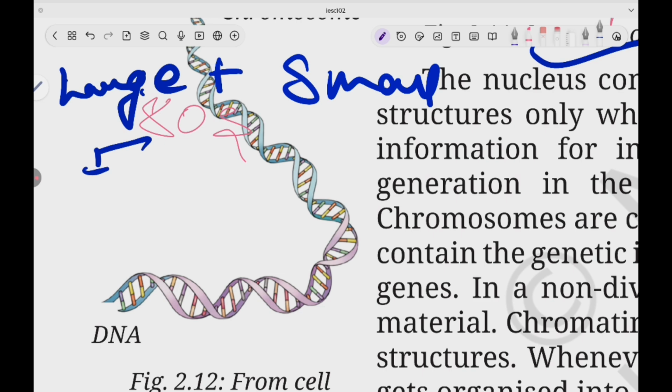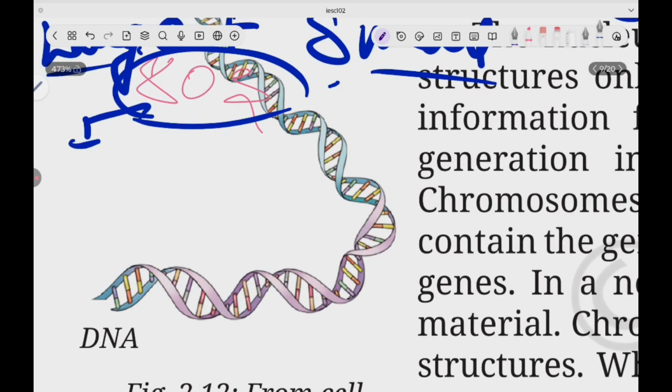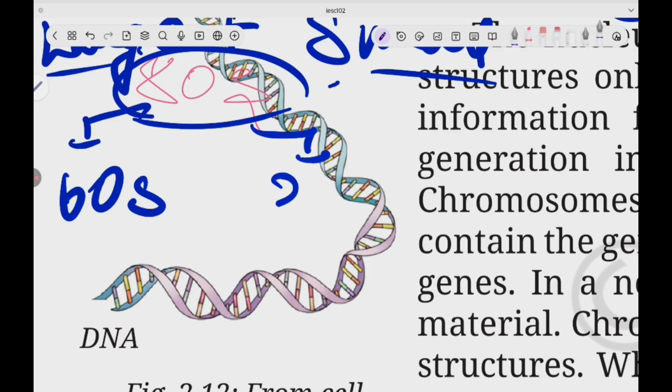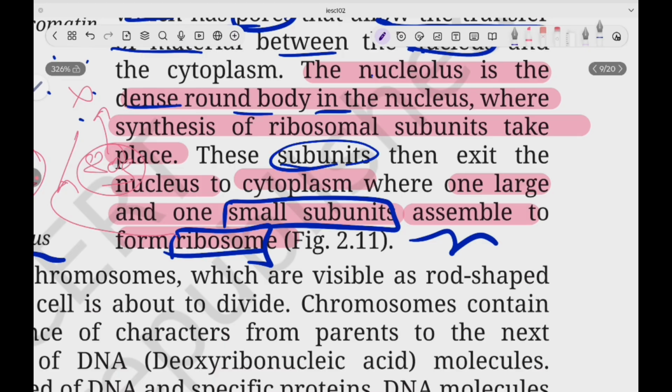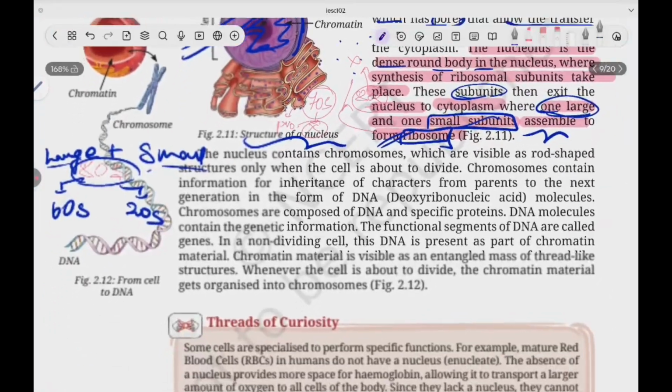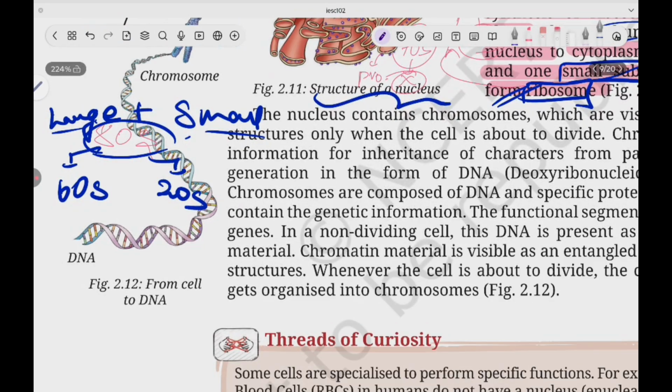So large plus small subunits form the ribosomes. It is actually 60S large and 40S small. So this is what they are saying, that these subunits go out and form ribosomes. One large and one small subunit. Eukaryotic ribosomes are 80S, that's why I am telling you that 60S is the large and 40S is the small subunit.